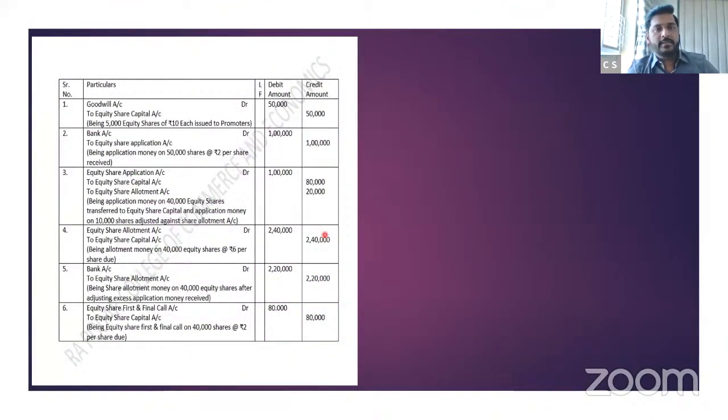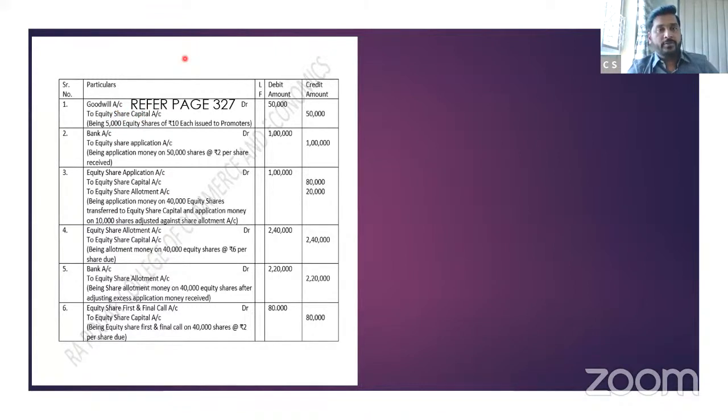In this particular question, the first entry is that the shares were issued to the promoters. For this, you can refer to this page number. You can note it down, or when you take a screenshot, it will anyway be there with you. On page number 327 of the board book, you will find this entry where the promoters are given shares, and the entry is goodwill account debit to equity share capital account.